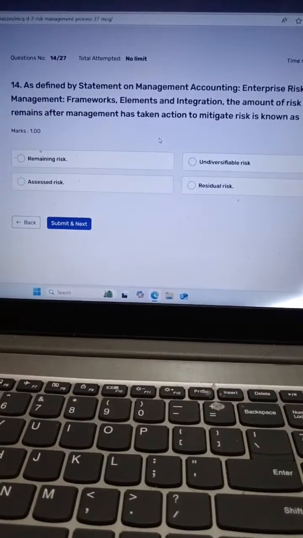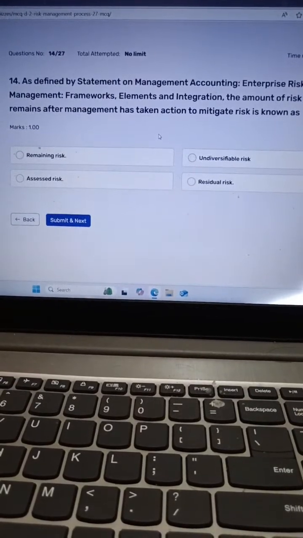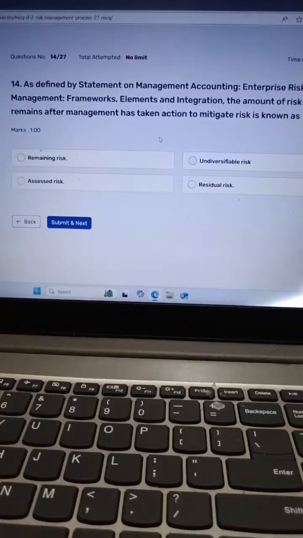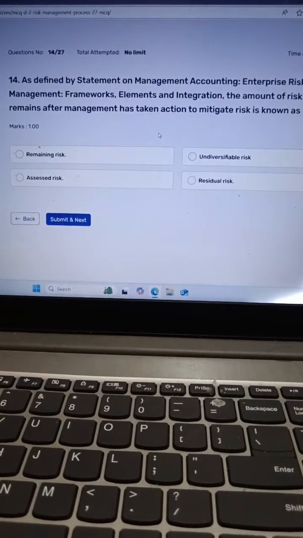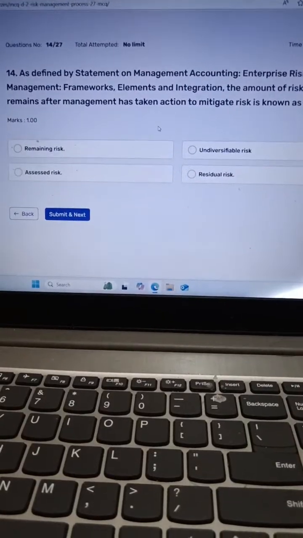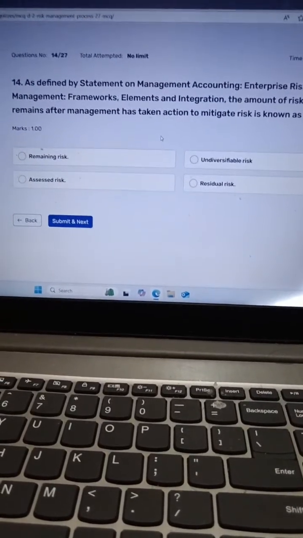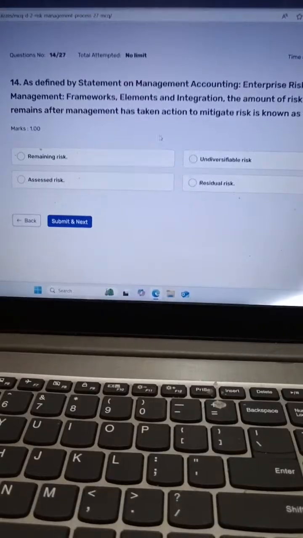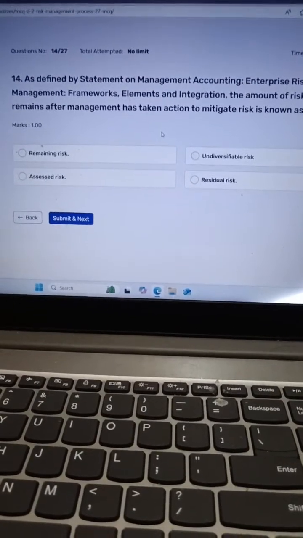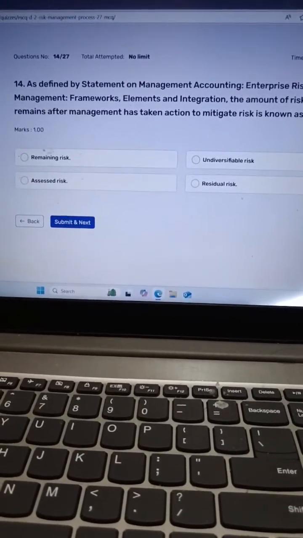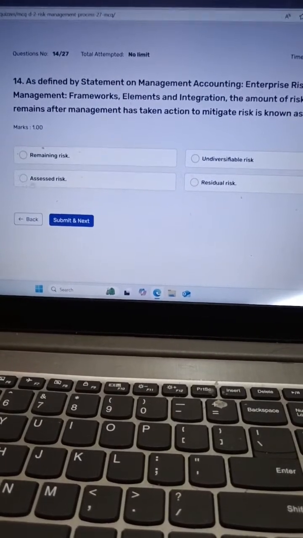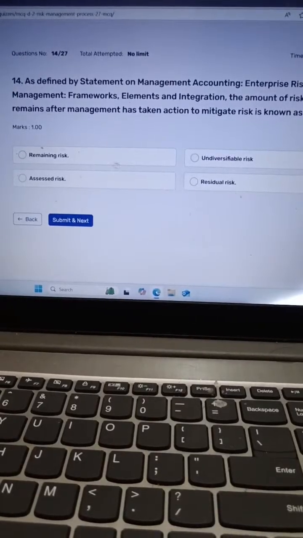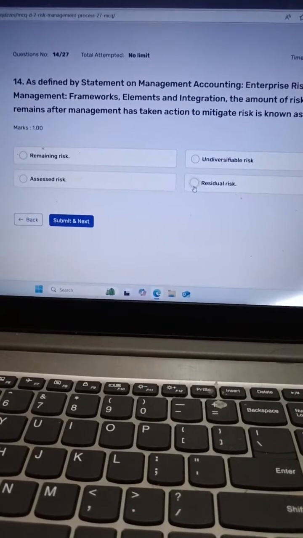If management has already applied measures to mitigate the risk and some portion still remains undetected or unable to be mitigated, some amount always remains. That's called residual risk. The remaining risks, unidentifiable risks, assessed risks are all confusing options, and it is called residual risk.